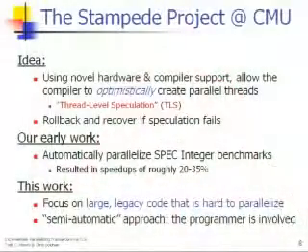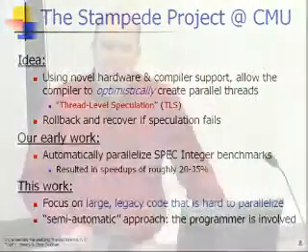So what I'm talking about today is something different, which is rather than this fully automatic approach, we're looking at, first of all, a much larger and more interesting piece of software. We're looking at Berkeley DB, which is a database, or part of a database. And rather than doing something fully automatic, we're doing something semi-automatic. So the programmer actually is involved.